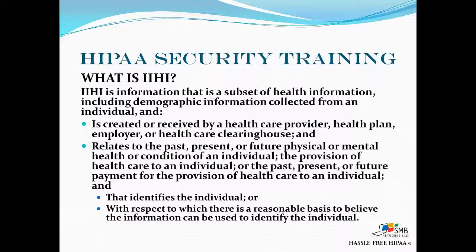So if PHI is IIHI, what is IIHI? Individually identifiable health information is information that is a subset of health information, including demographic information collected from an individual, and it is created or received by a healthcare provider, such as a medical office, or a health plan, employer, or a healthcare clearinghouse, and it relates to the past, present, or future physical or mental health or condition of an individual, or the provision of health care to an individual, or the past, present, or future payment for the provision of health care to an individual.